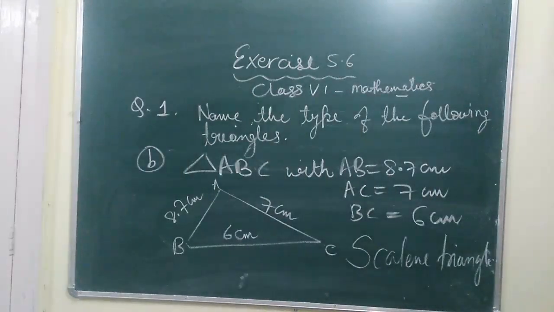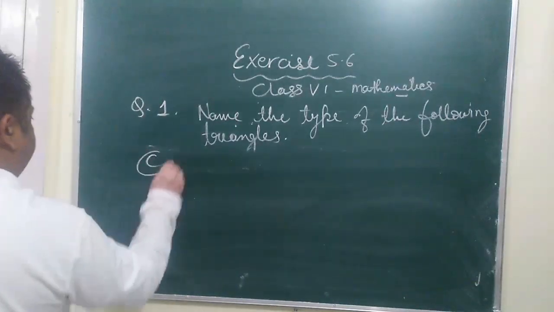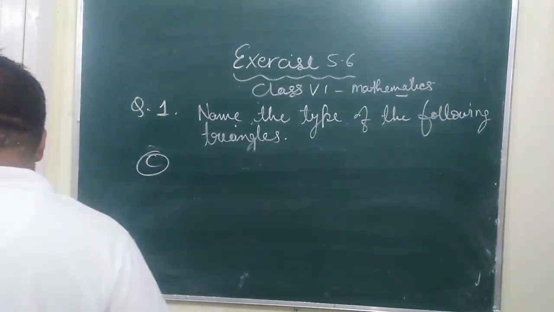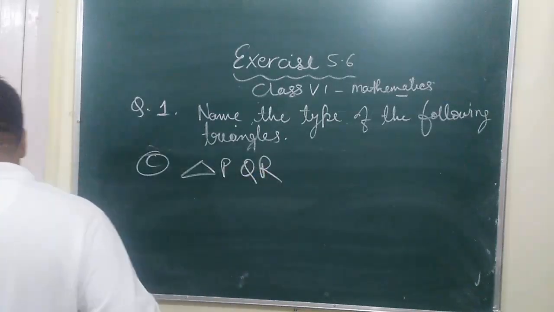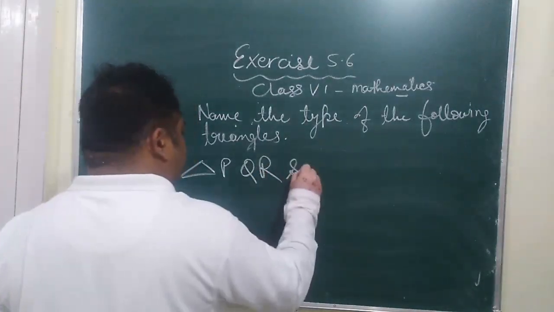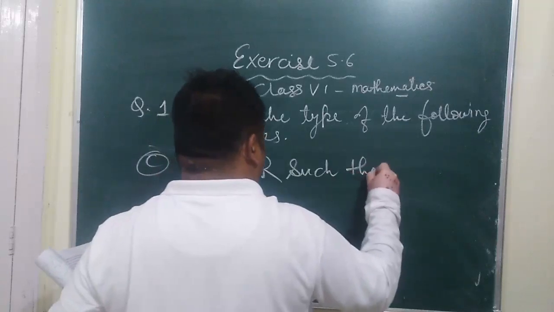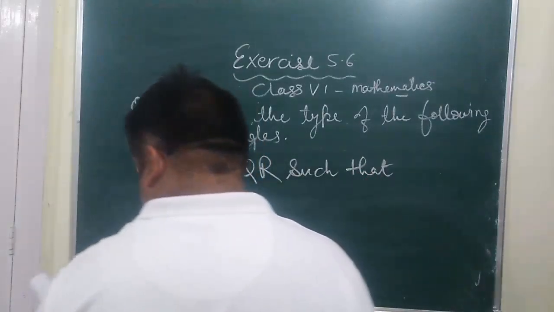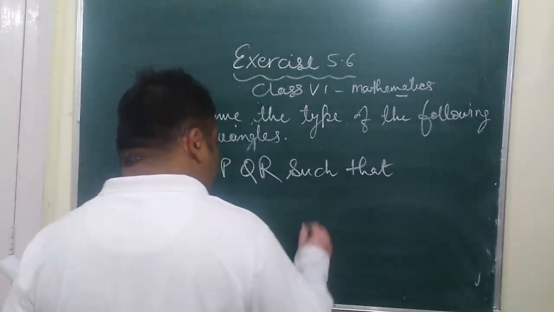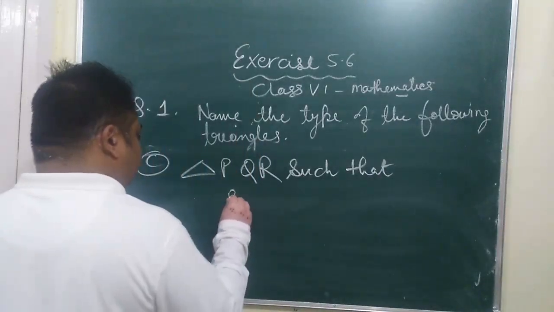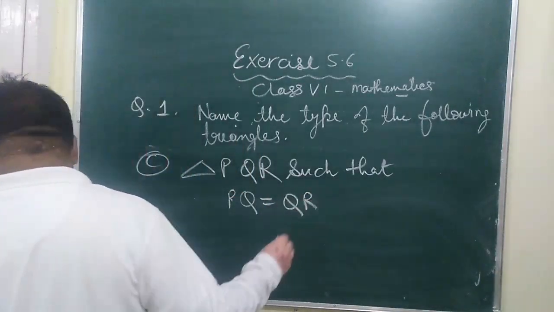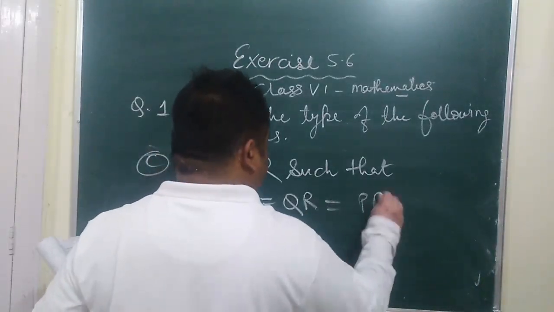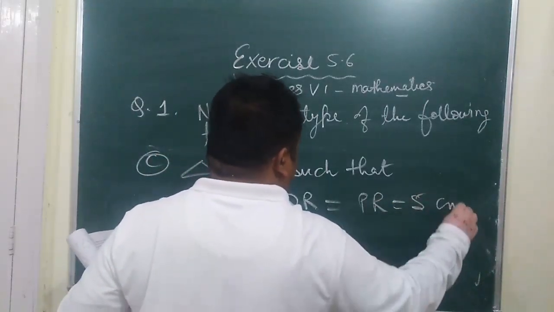Now we'll do question number C. Triangle PQR such that PQ is equal to QR is equal to PR is equal to 5 centimeter.